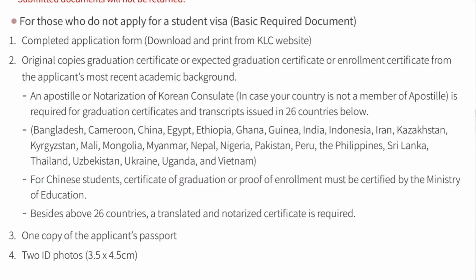And for the apostille or notarization, you need to do it with your Korean consulate. It says here, for Chinese students from China, the certificate of graduation of rural enrollment must be certified by the Ministry of Education. Besides those 26 countries, one of which is Malaysia, a translated and notarized certificate is required. So that's what I did. I notarized it with my school, so that's just that.